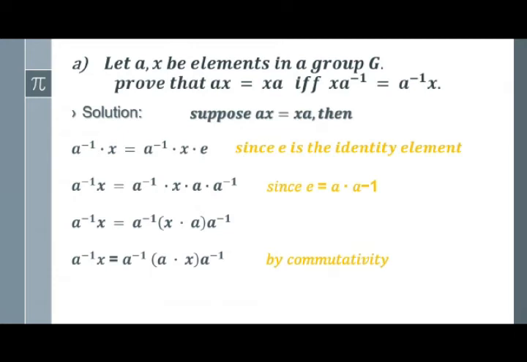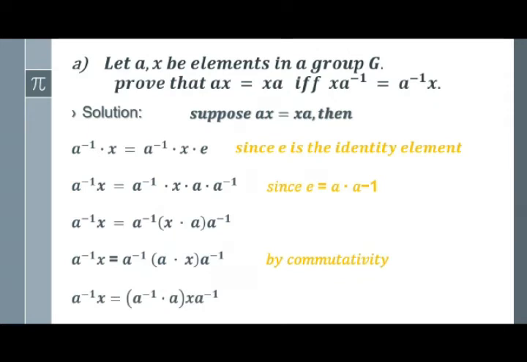Remember that in our previous chapter, we learned about binary operation, which talks about commutative and associative. We say elements are commutative if AX is equal to XA. And remember that in our first step, we said, let's suppose AX is equal to XA. And then we have used that step here.